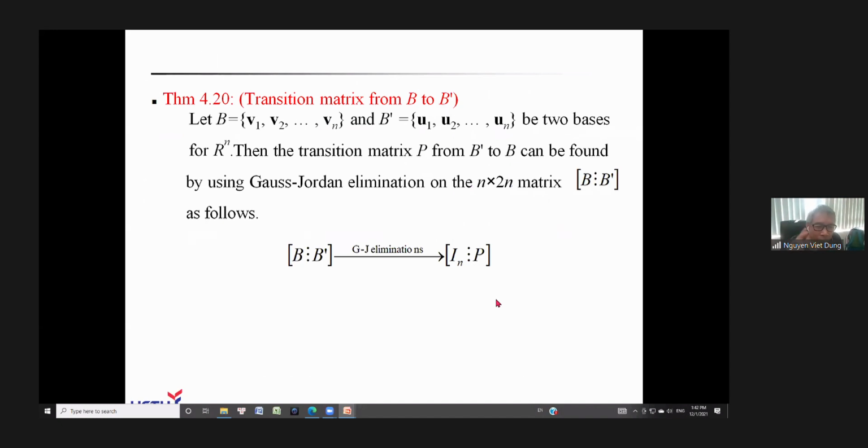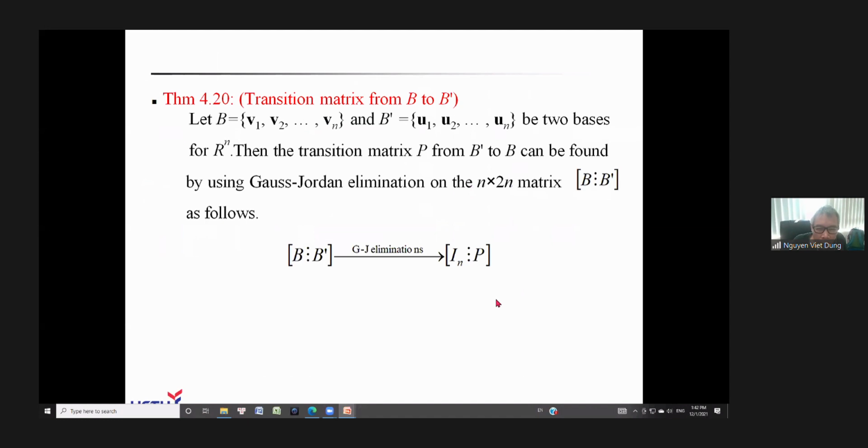Suppose that you are given a vector space together with two different bases B and B prime. How can you find the transition matrix? So here is the way to do it, and you will see it is quite similar to the way you find the inverse matrix by using Gauss-Jordan elimination.